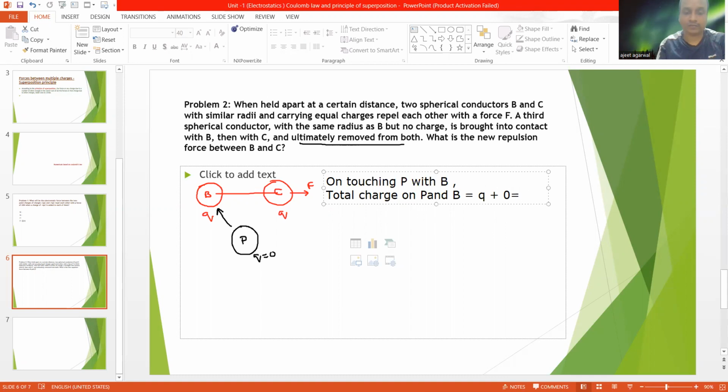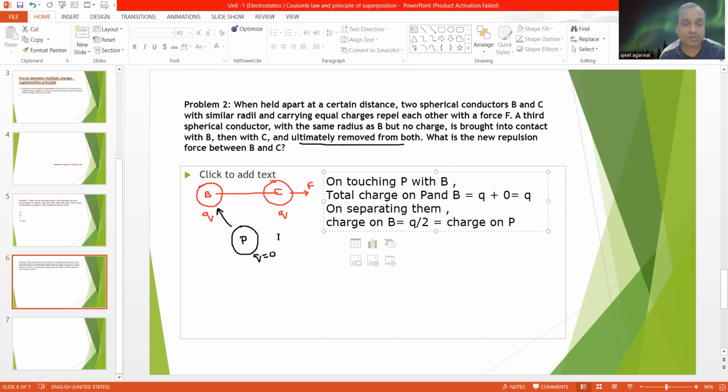It will be Q. But on separating them, charge on B will be half that of initial, means Q by 2. And similar in case of charge on P. Understood? तो अब P पर हमारे पास charge आएगा Q by 2.